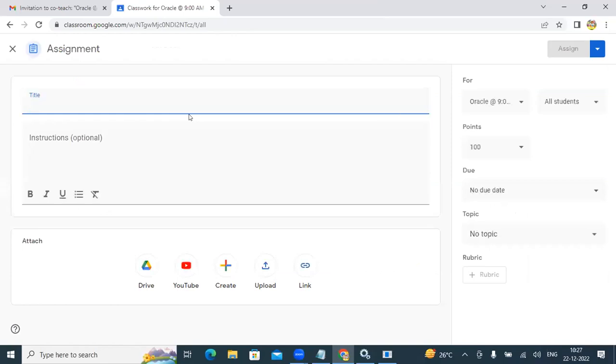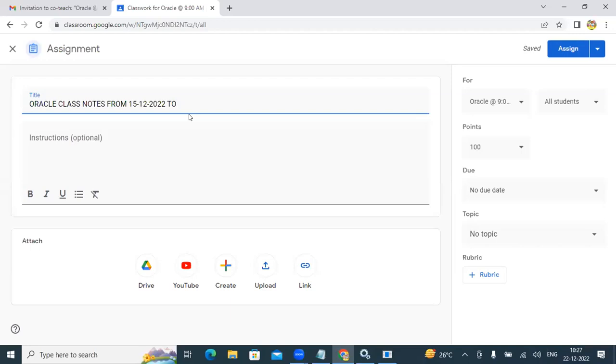First I'm creating a block here: Oracle class notes, from when our batch started, the 15th demos. 15-12-2022 to today.